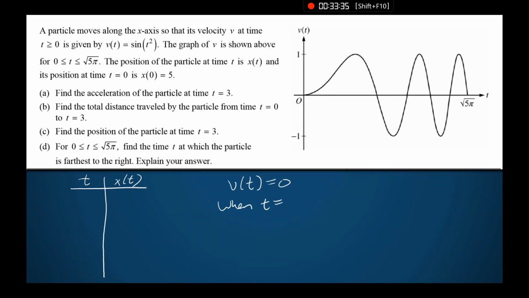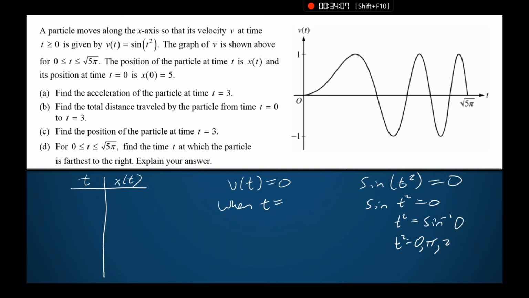Now, because v(t) is the sine of t squared, when is the sine of our angle equal to 0 on the unit circle? At 0, pi, and pi.